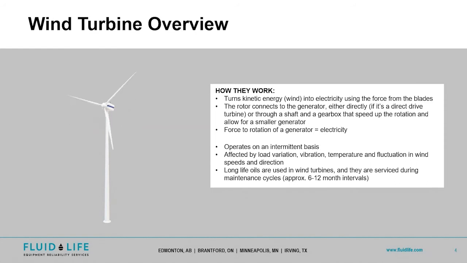That creates vibration, an increase in temperature, and fluctuation in wind speeds and direction. So there are some things set in place to counteract that, like the yaw system, which is searching for the wind direction, and the pitch system, which is trying to get the right amount of air pressure on the side of the blade.